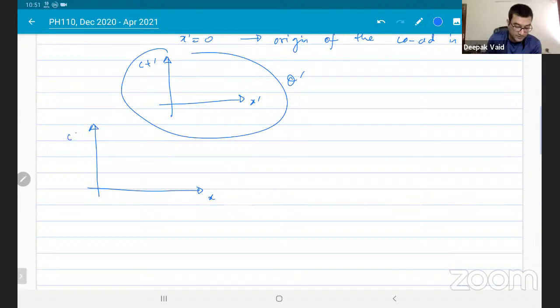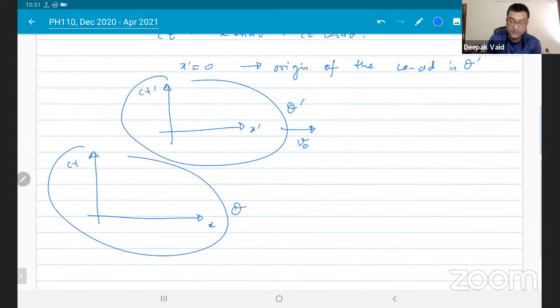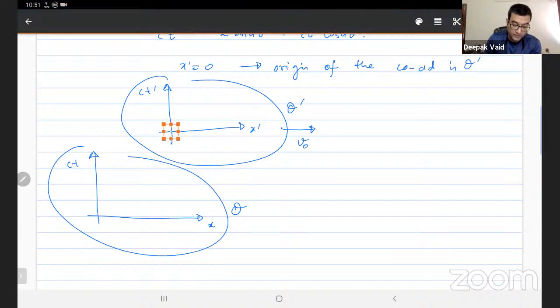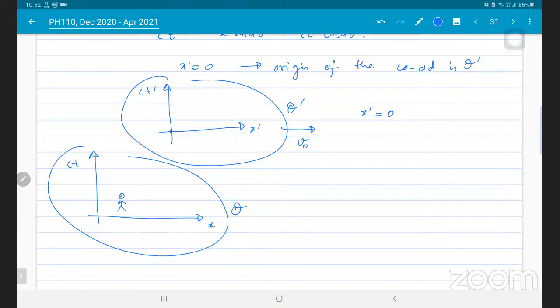This is x, this is ct. This is the O frame of reference. And let's say the O prime frame is moving with respect to the O frame with some speed v naught. And if we ask, how does the origin of this coordinate system look as seen by an observer in O? So what is the origin? The origin is given by this equation, x prime is equal to 0, right?